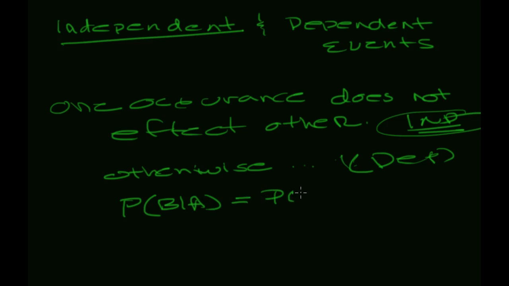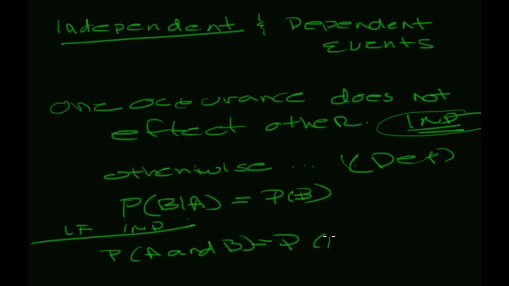So that's the same thing as the probability of B. So if I have independent events, then the multiplication rule can be written as the probability of A and B is the same as the probability of A times the probability of B. I no longer have to have the B given A, because B given A is just B because I have independence. Alright, so we need to talk a little bit about sampling and independence, and then we'll move forward.